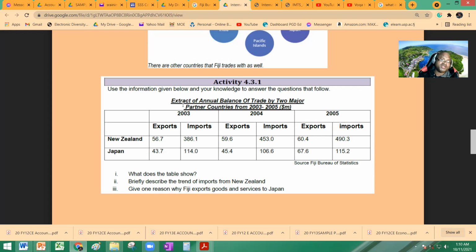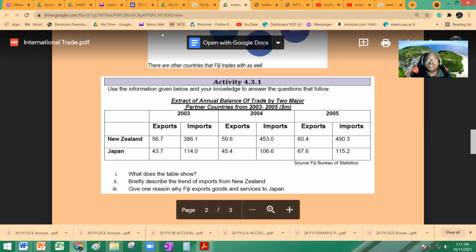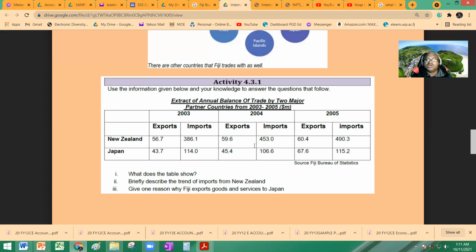Briefly describe the trend for import from New Zealand. So we have two countries there, Japan, New Zealand. So look at New Zealand, and then it was the import. First one we have 386.1. Next one is 453.0, and then 490. So what happened to these numbers? It has increased.